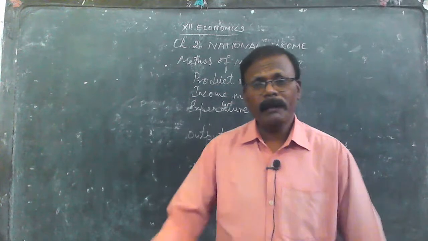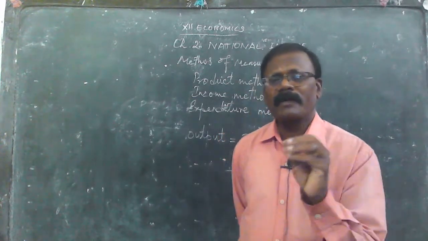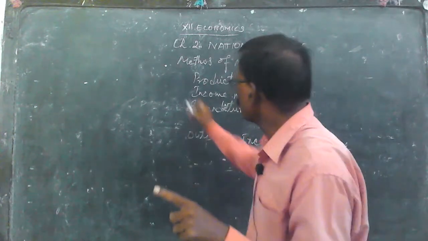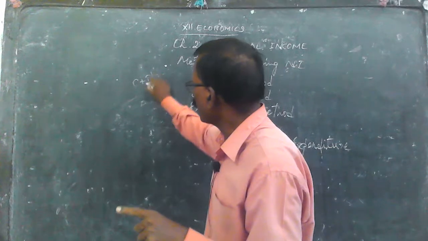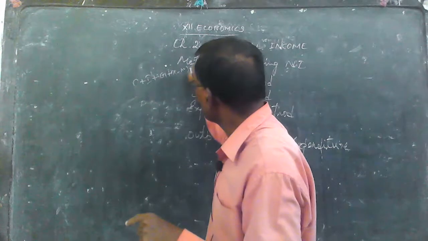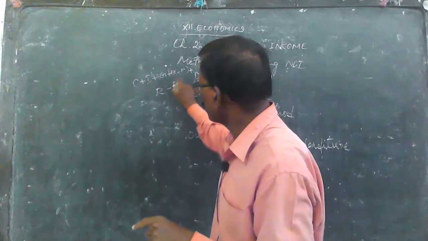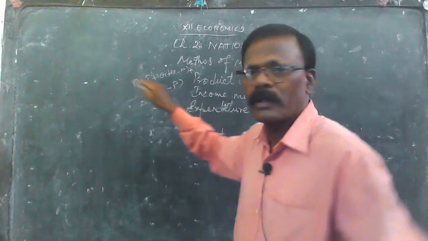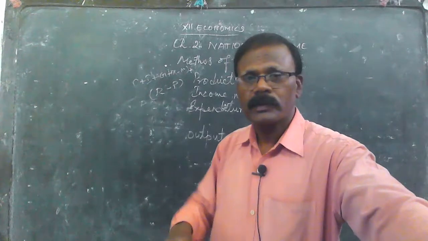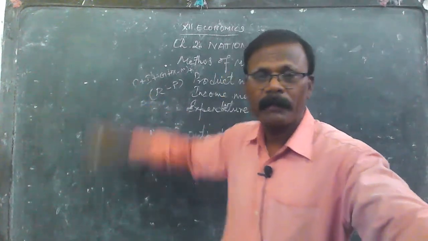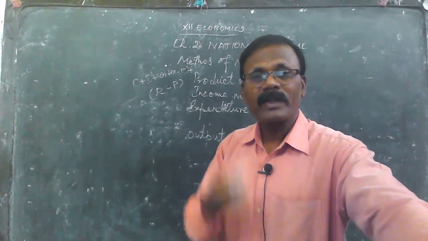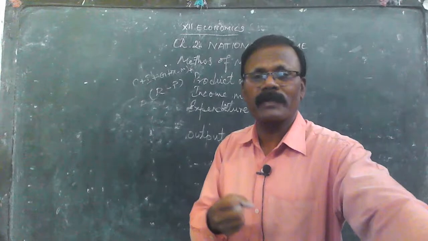Now, this GNP has five types of final goods and services. That is C plus I plus G plus X minus M plus or minus P. So, five types of final goods and services. The first type is C, the value of goods and services produced to satisfy the immediate wants of the people.